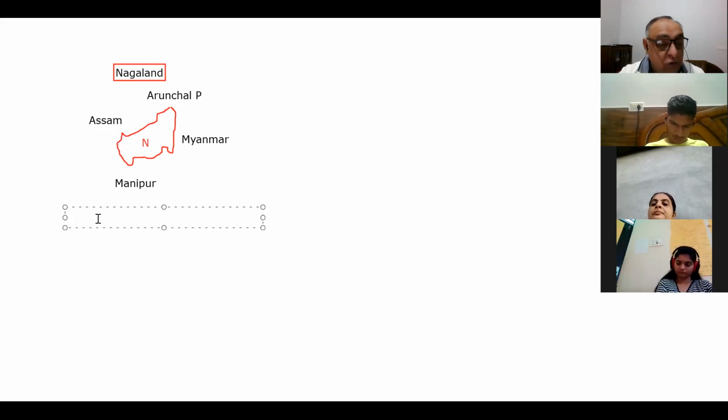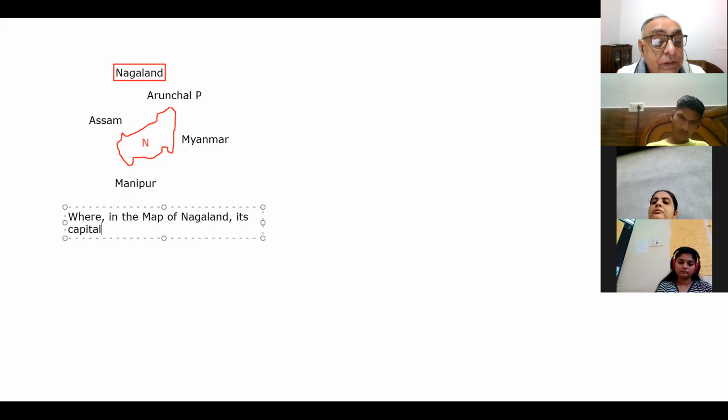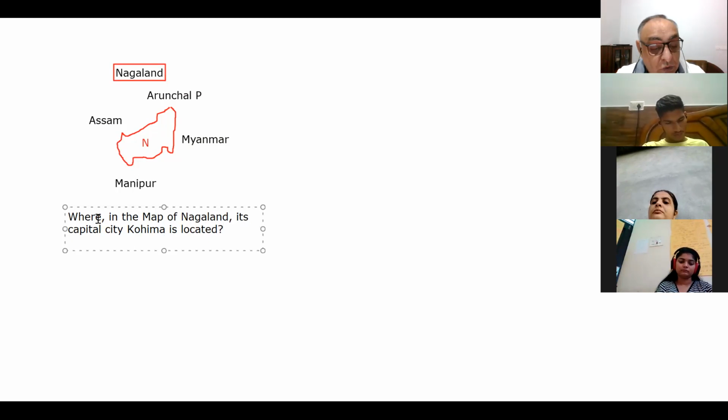The question is: in the map of Nagaland, where is its capital city Kohima located?